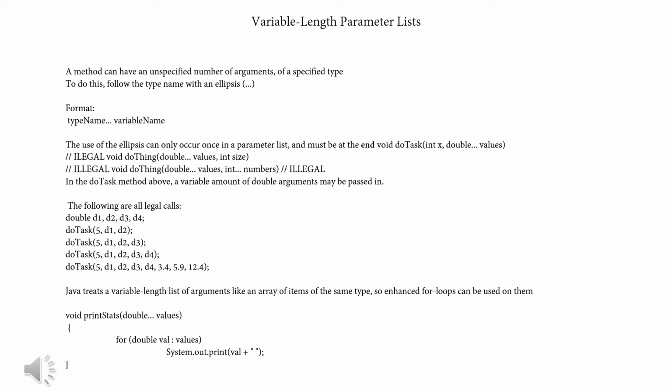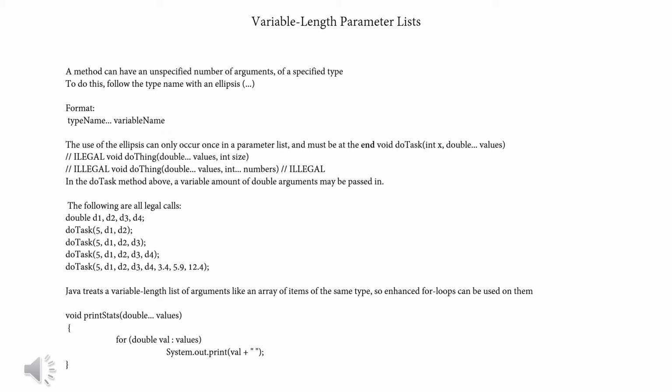So you see one simple example here. For example, doTask(int x, double... values). We have in this parameter list several parameters, right? The first one is x with the type integer and the rest are doubles. The illegal format for this example is, for example, double... values, int size.